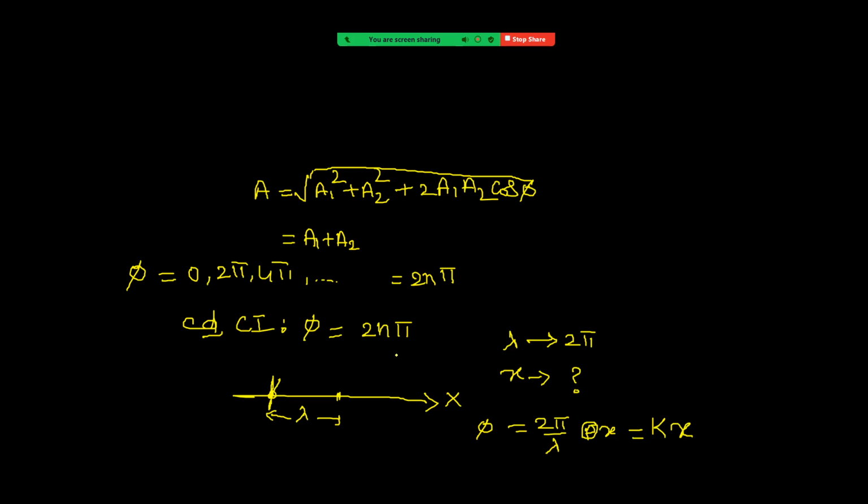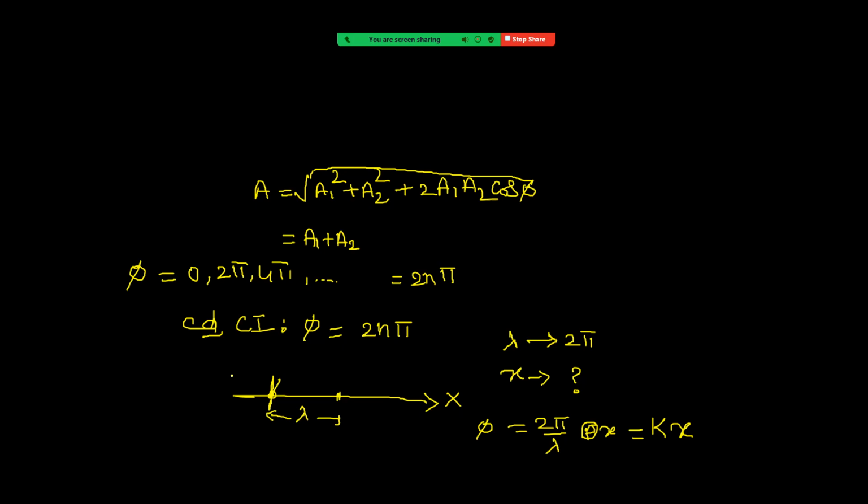Now using that result here, the condition for constructive interference is phase difference equal to 2n pi, and 2 pi corresponds to lambda. So replace 2 pi with lambda.